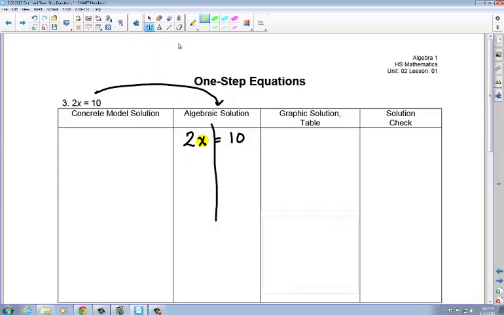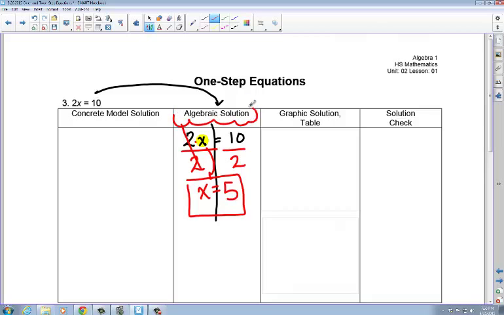Number 2 is being multiplied by the x, and so I'm going to divide by 2 on both sides. 2 divided by 2 is 1, which is what I want because there's always an understood 1 in front of the x, and I'll just simply write my x down below and calculate the right side. The right side is 10 divided by 2, which gives me 5. That is using my algebraic solution.